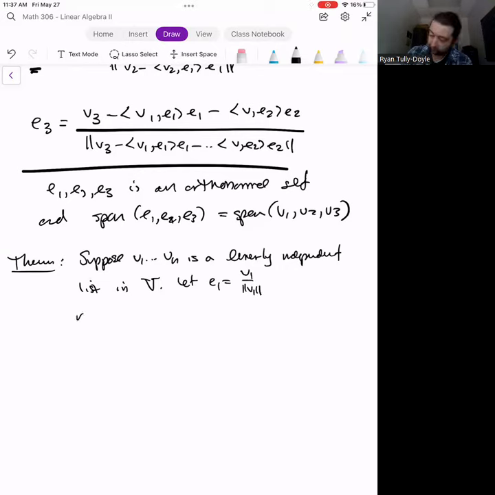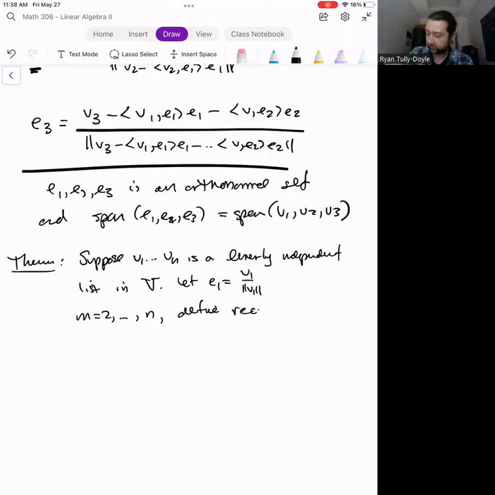Then for M equals 2 up to N, we're going to do this recursively, which means start with 2 and then work your way up the list, because you need the second vector to get the third, and the first, second, and third to get the fourth, and so on.